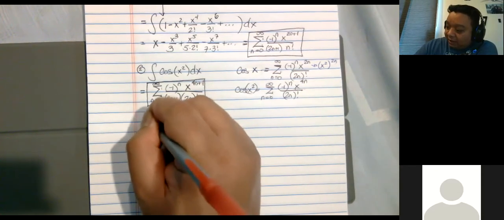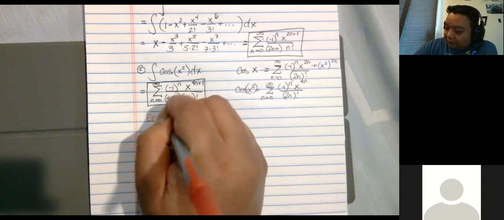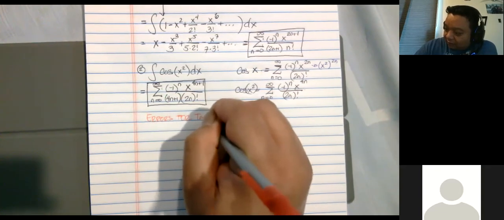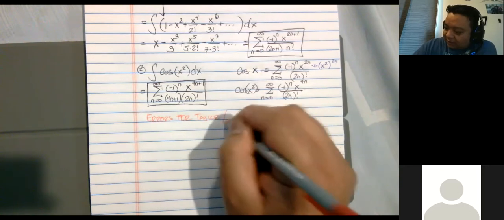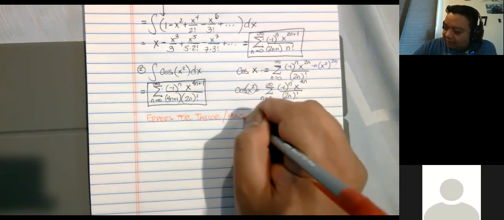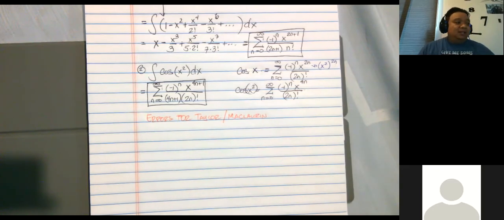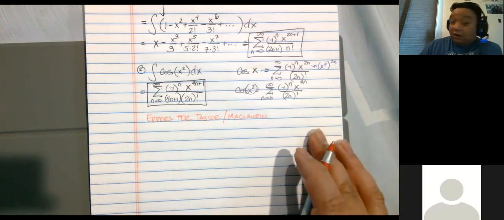So here are the errors for Taylor and Maclaurin, which are basically the same thing, except for Maclaurin the center, which is a in your book's notation, is 0. This, by the way, is called the remainder estimation theorem, or Taylor's theorem.